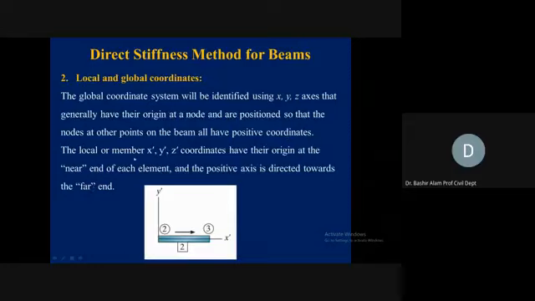The local member x prime, y prime, z prime coordinates have their origin at the near end of each element, and the positive axis is directed towards the far end. So here you can see now the local axis 2 to 3. This was the starting node 2. This is 3. This is for element 2. And here you can see the x prime and y prime. These are the local axis system, and you can see the positive direction.